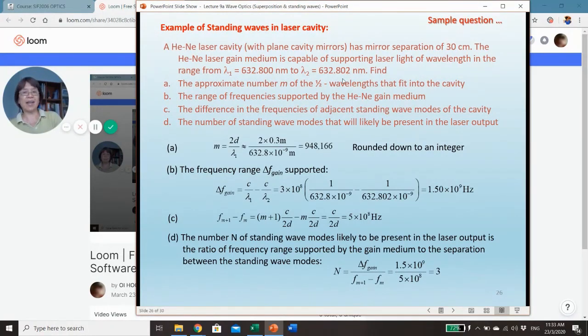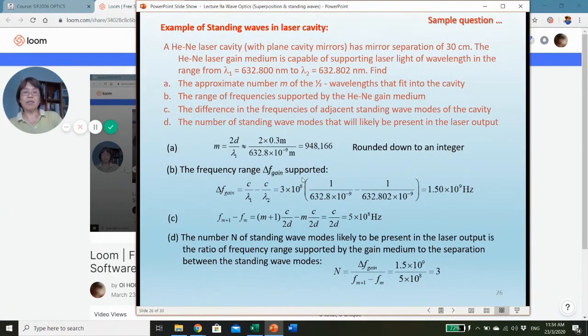Let's first calculate the approximate number of modes, that is, half wavelengths that fit into the cavity. Using the equation we obtained earlier, m is equal to 2d divided by the first wavelength, 632.8 nm. M is equal to 948,166.